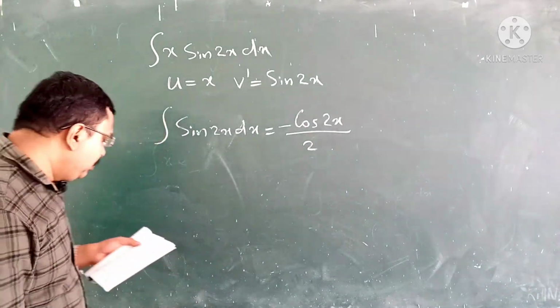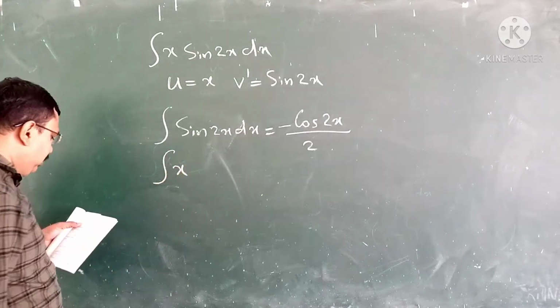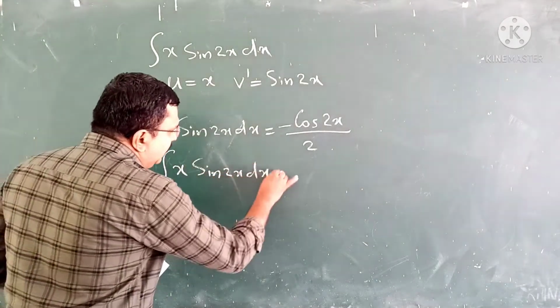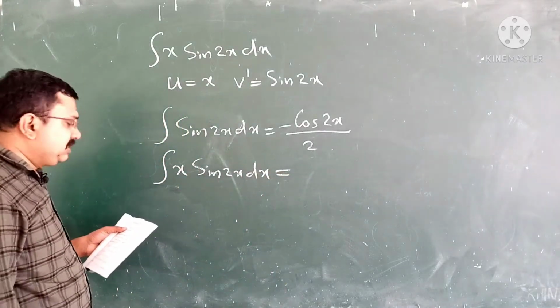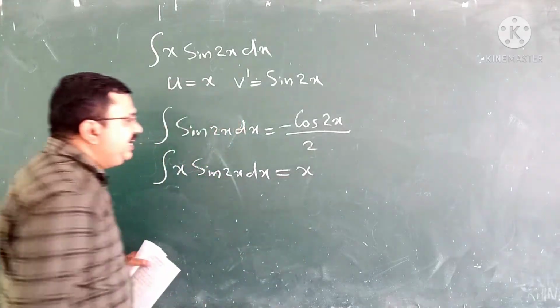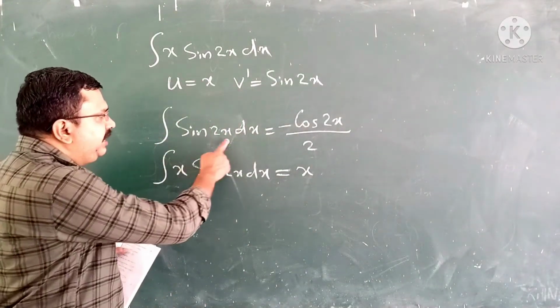Now, therefore, we can write integral of x into sin 2x dx is equal to first function x into integral of second. Integral of second means integral of sin 2x dx.